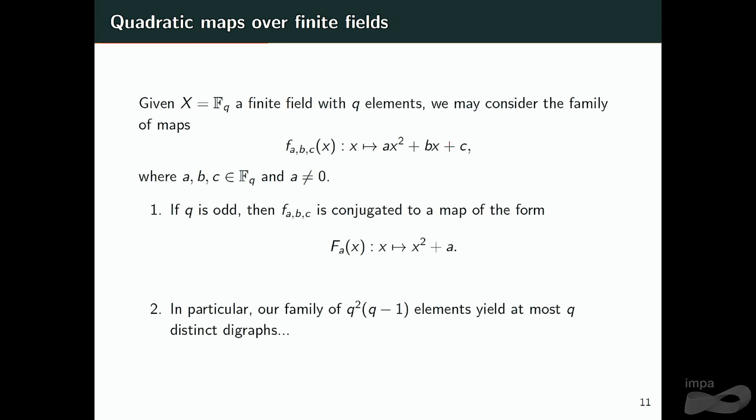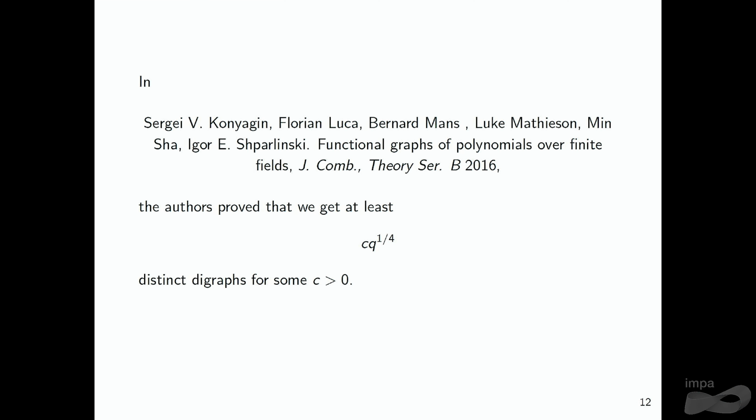I'm looking for quadratic maps, so the leading coefficient is non-zero. So I get around Q cubed maps, but we can already reduce these to Q. I have Q cubed maps, but when I look at the digraphs, I have at most Q not looking like each other.